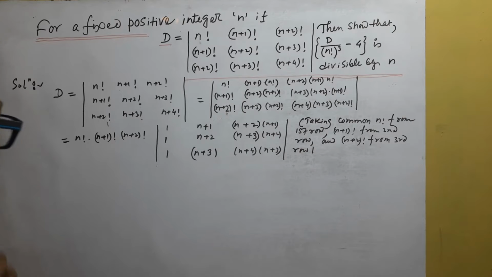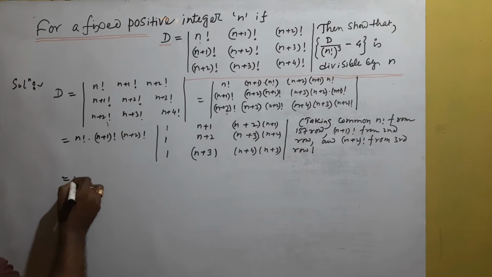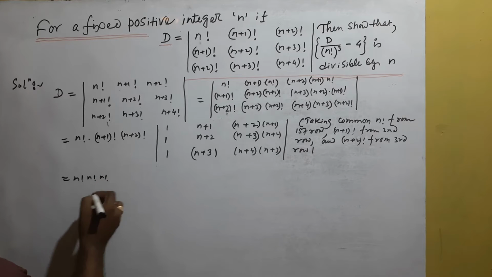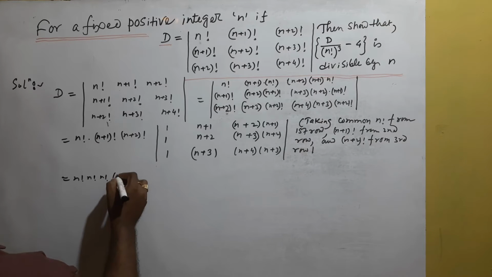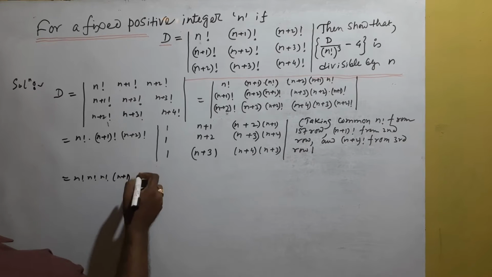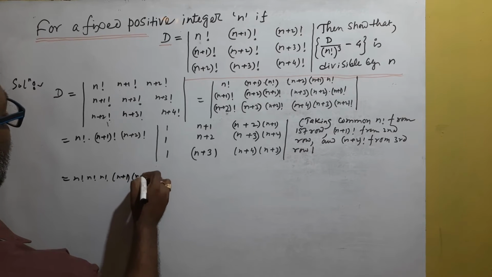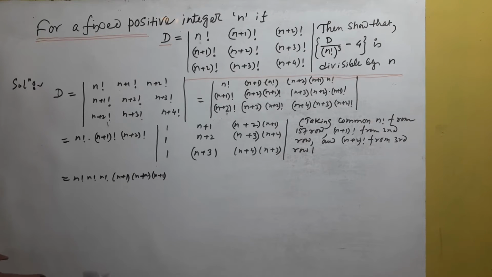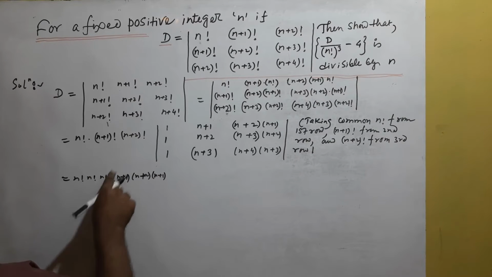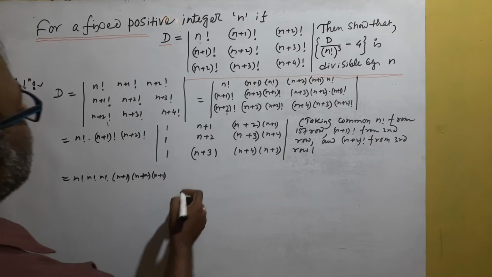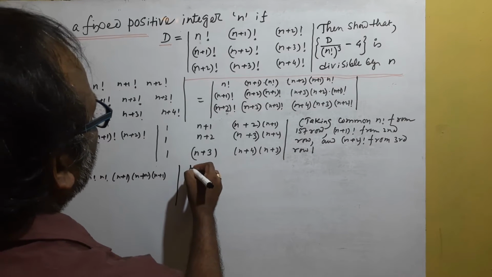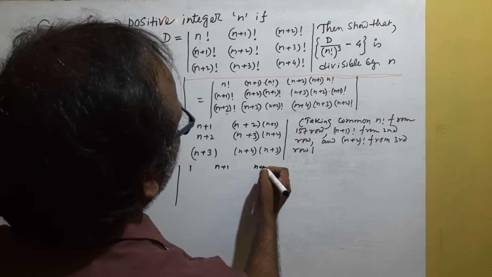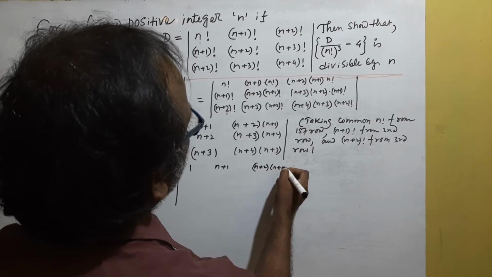Okay, so factorial n, factorial n, factorial n. Here is n plus 1, here is n plus 2 into n plus 1 factorial. Now 1, n plus 1, n plus 2 into n plus 1.